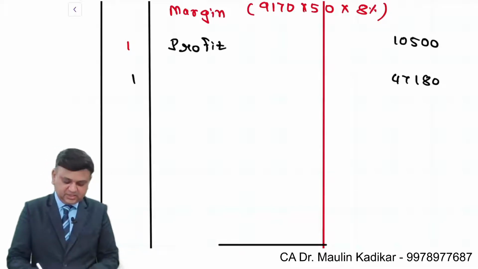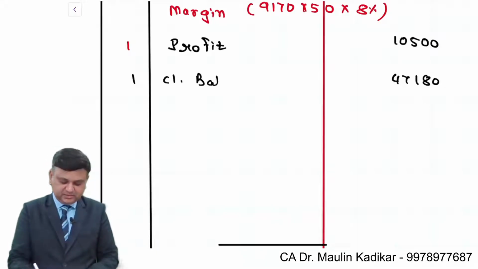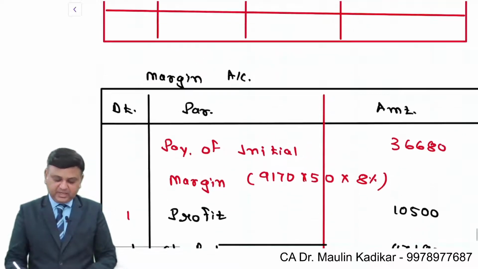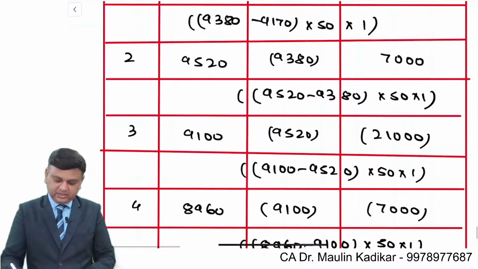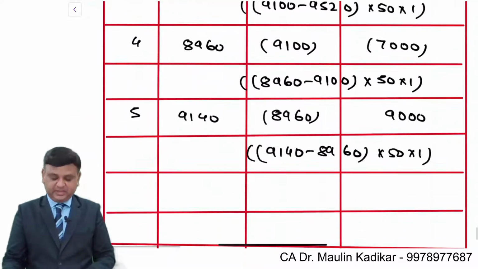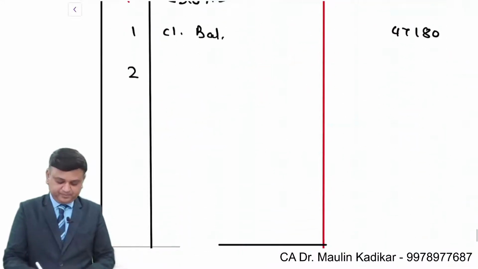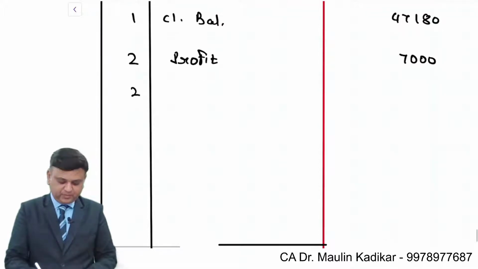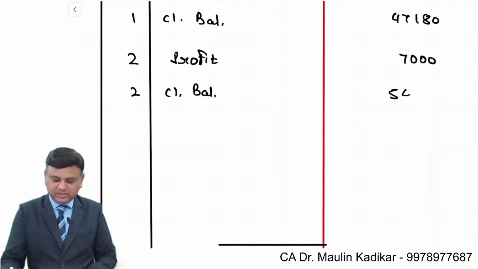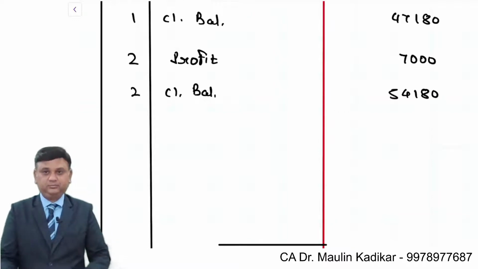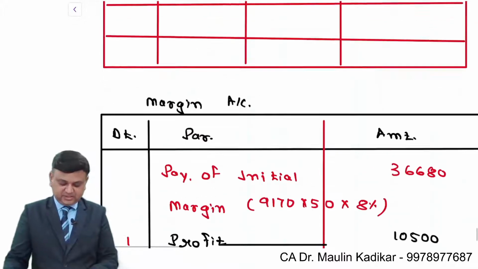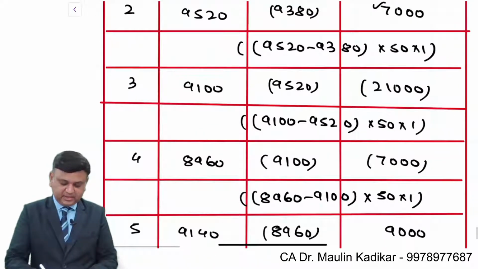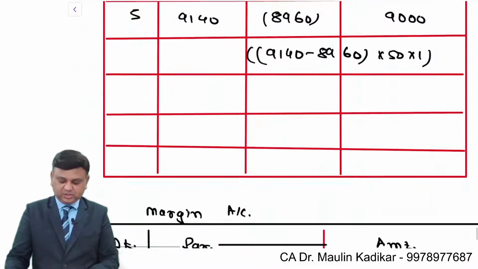Yes, this is day 1 end closing balance. Day 2, there is again a profit of 7,000. Market is going up, so there is a profit of 7,000. So day 2 closing balance is 54,180. Next, day 3, that is a loss of 21,000.